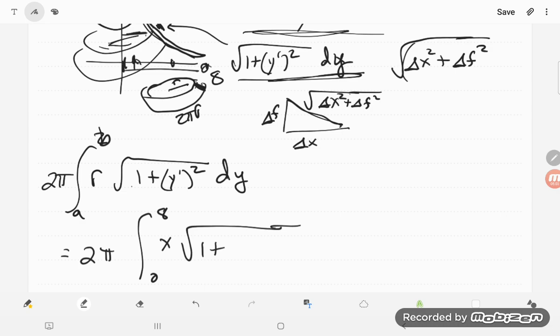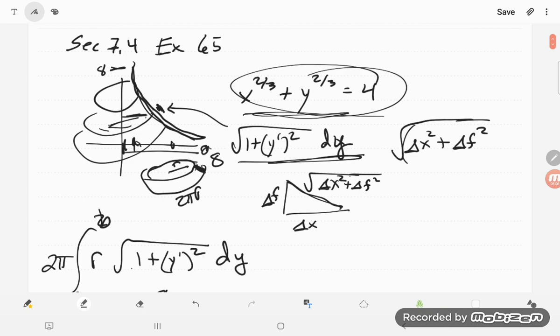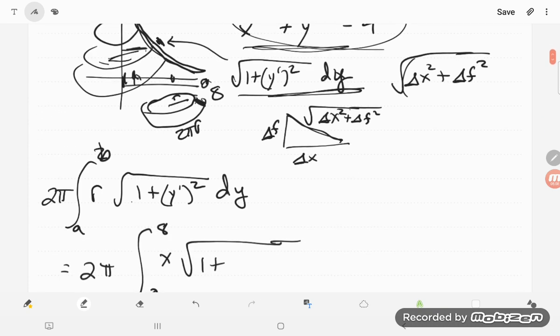So, we have our y up here. The derivative of x to the 2/3 is 2/3 x to the negative 1/3. And then plus the same sort of thing for y: 2/3 y to the negative 1/3, times y prime, and that equals 0.